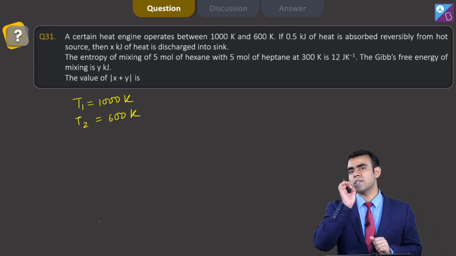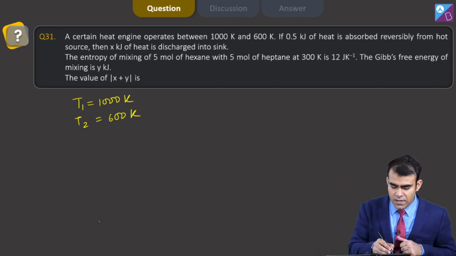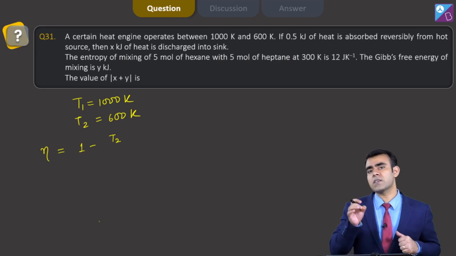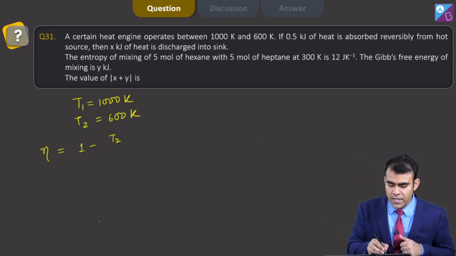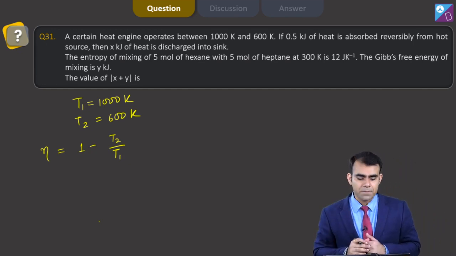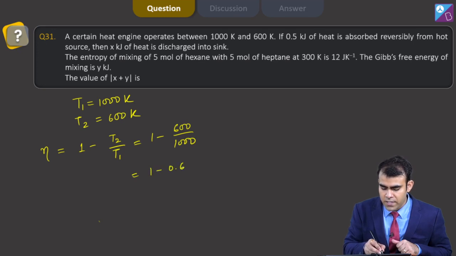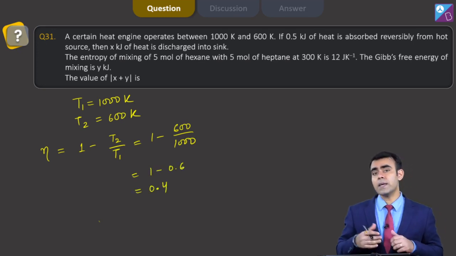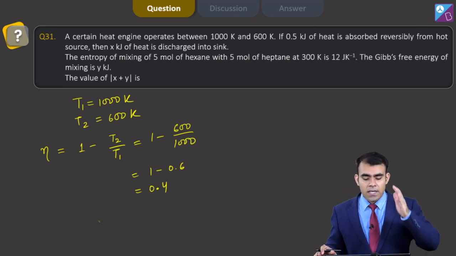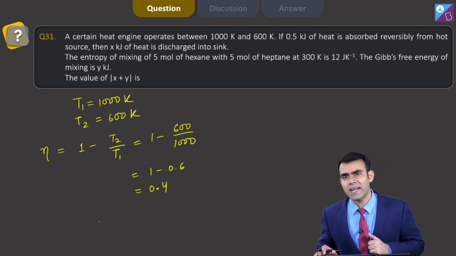Now we know there is a formula for the efficiency of such heat engines: eta is 1 minus T2, the temperature of the sink, divided by T1, the temperature of the source from where the heat is taken. Here we have 1 minus 600 divided by 1000, which is 1 minus 0.6, or 0.4. This is the maximum efficiency, and as the heat engine is doing work reversibly, it is working at maximum efficiency.